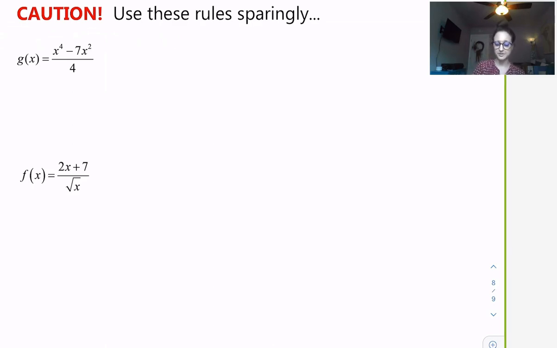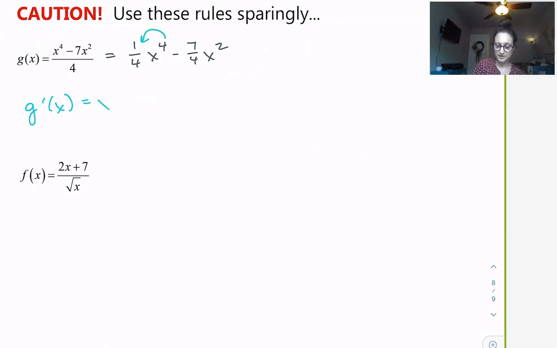So for example, for g of x, dividing by 4 is the same as multiplying by a fourth, right? So I can think of that as 1/4 x to the fourth minus 7/4 x squared. And now I just have good old power rule. So now g prime is equal to, if I fly that 4 to the 1/4, those actually cancel, right?